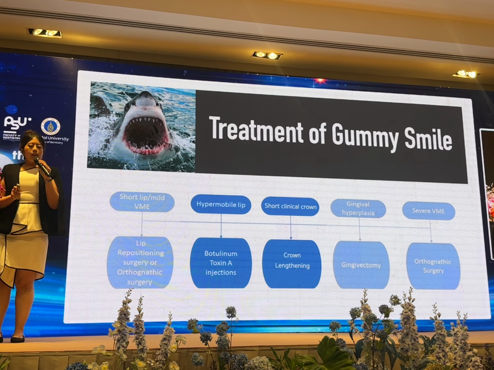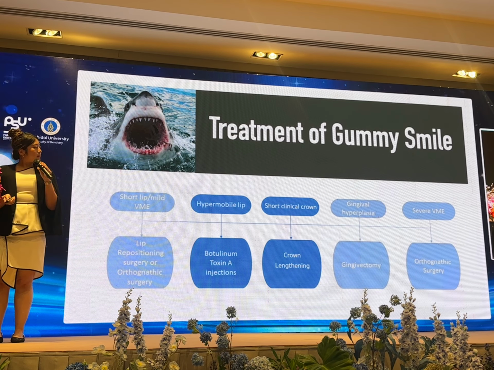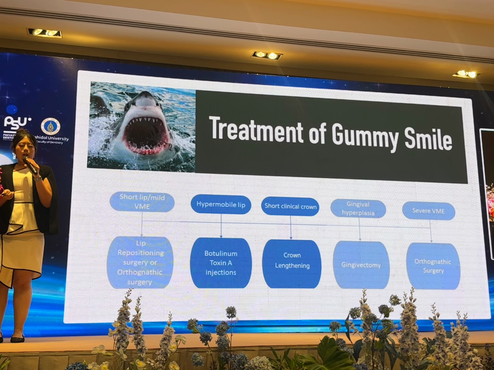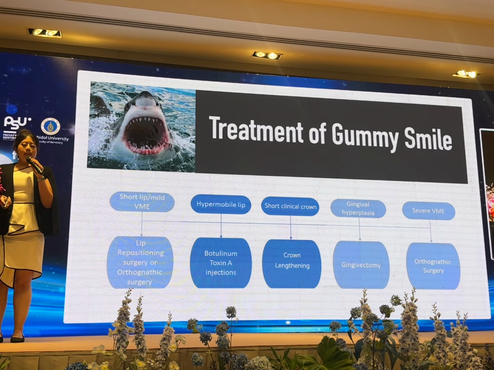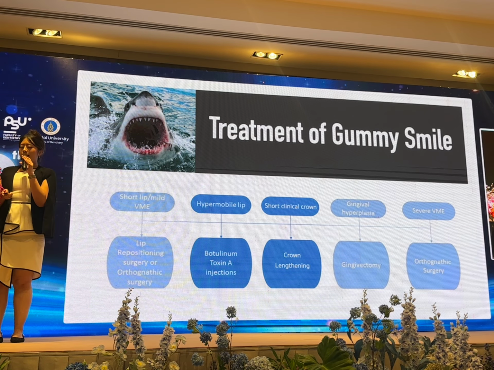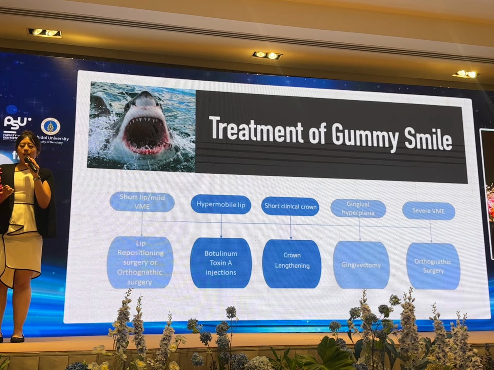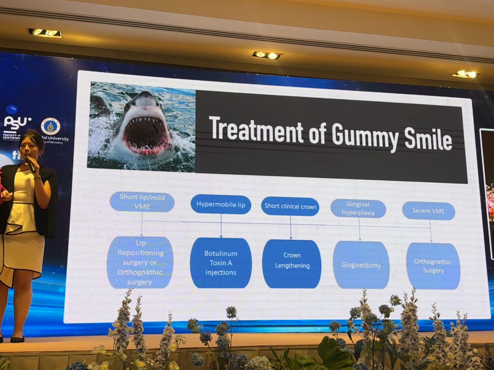So basically that ruled out the skeletal and the gingival causes. There were just two causes left, which were the short clinical crown, which we planned to manage with crown lengthening, and the lip hypermobility, which we planned to treat with botulinum toxin injection.